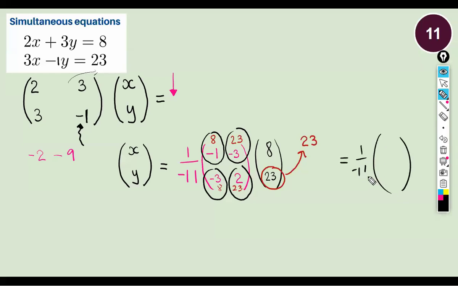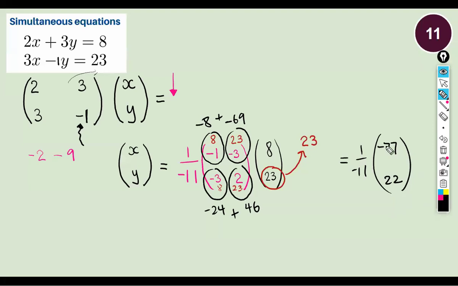The 1 over -11, you're getting -8 here, and 23 by -3 is -69. -3 by 8 is -24. 2 by 23 is what? 46. So let me add them now. On top, we get -77 there, and then -24 plus 46 is 22.